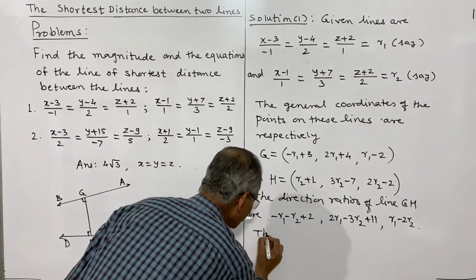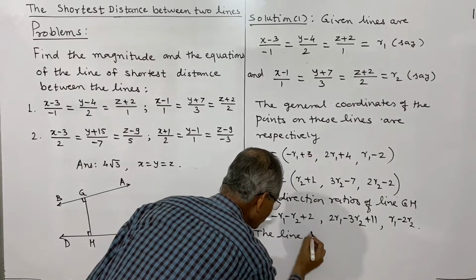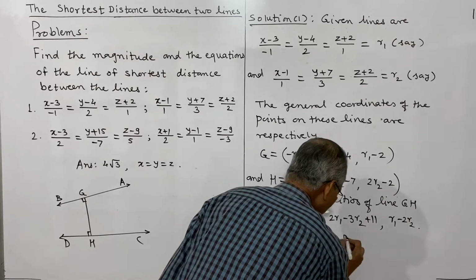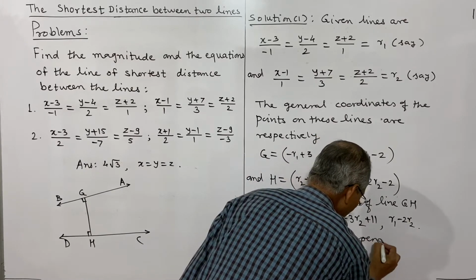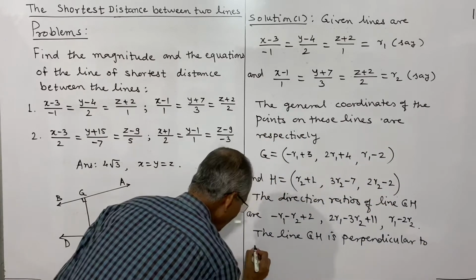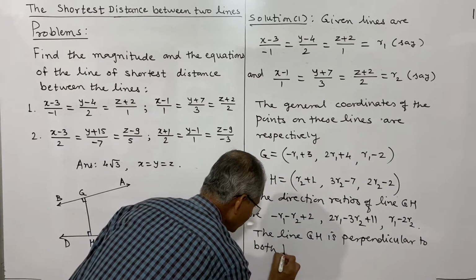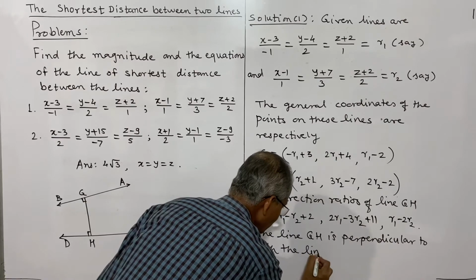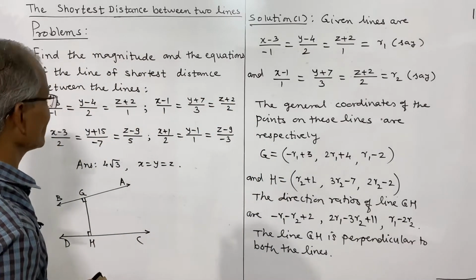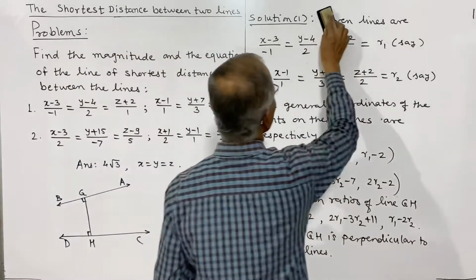The line GH is perpendicular to both the lines, and therefore this implies using the condition of perpendicularity.